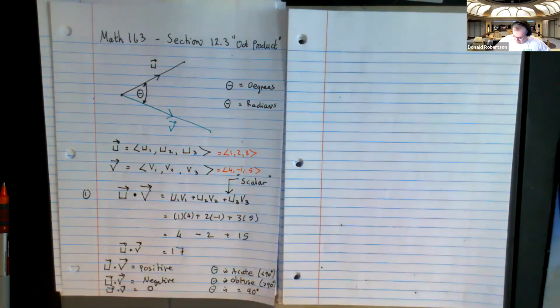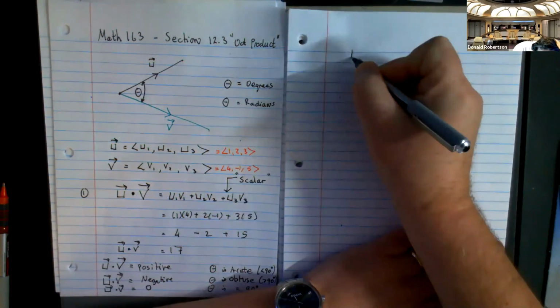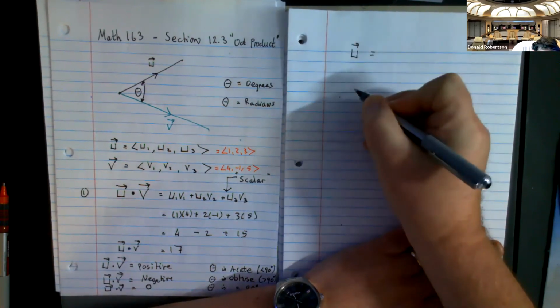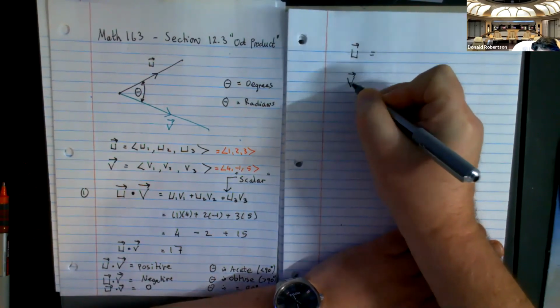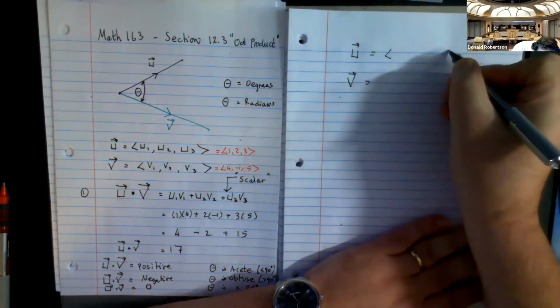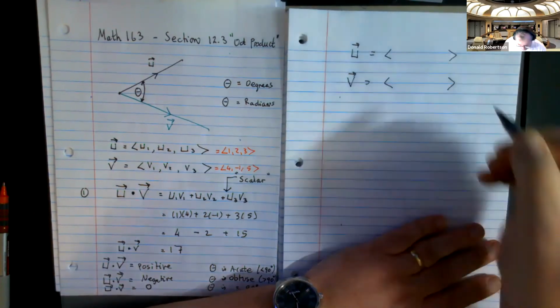Now, to tell you how to find the exact answer, or at least a rounded off answer, because most of these answers end up being 22.1 degrees, they don't come out nice. Let's find the angle between two vectors. And I want to show you that this works no matter what the two vectors are, as long as there are no zero vectors involved, which there won't be.